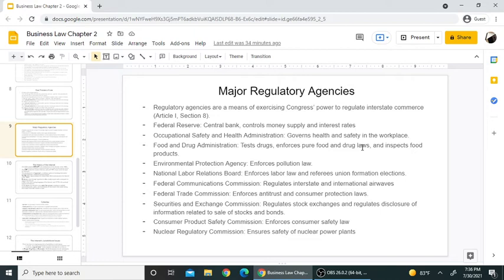You have to disclose a lot of information because of the Securities and Exchange Commission regulations. The Consumer Product Safety Commission enforces a lot of consumer safety laws, and the Nuclear Regulatory Commission enforces laws around nuclear power plants, and it also creates regulations to ensure the safety of those nuclear power plants.